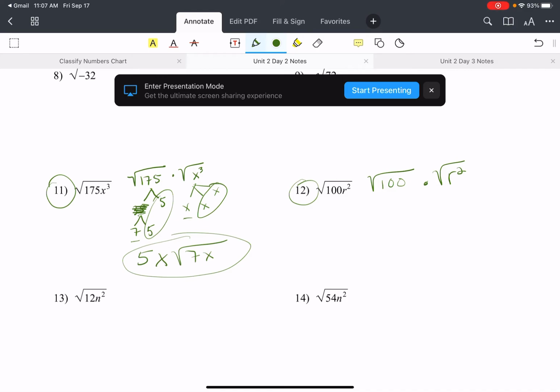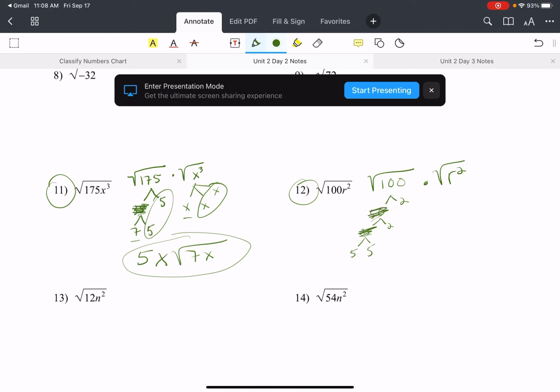I'm going to do it as if I didn't realize that. So then I would do maybe 2 and 50. Good number. 2 and 25. 5 and 5.